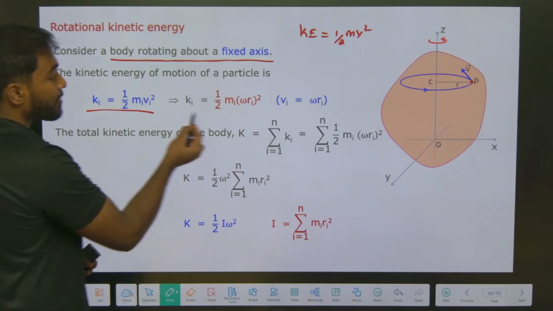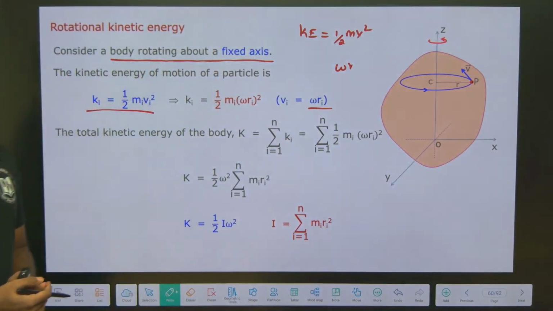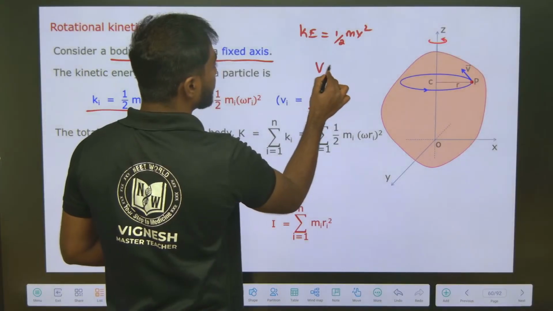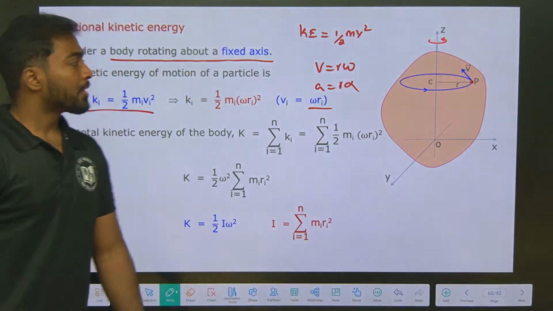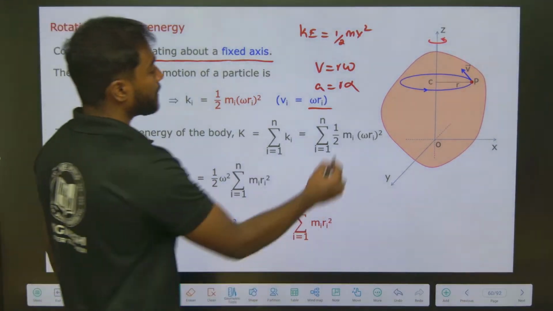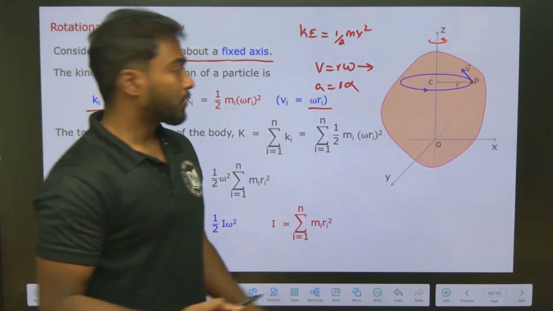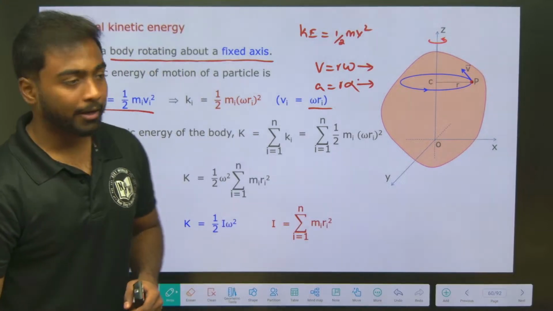So I can write it in terms of omega into r, right? V is equal to r omega, a is equal to r alpha. This is the relation between linear velocity and angular velocity, and this is the relation between linear acceleration and angular acceleration.